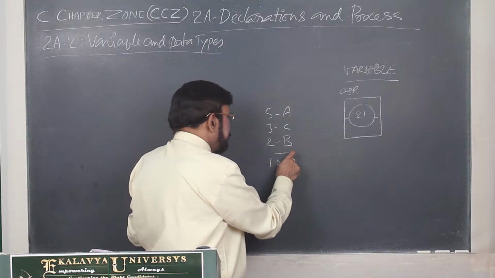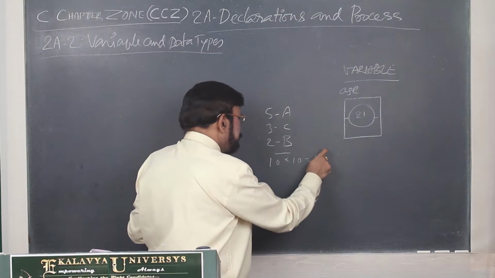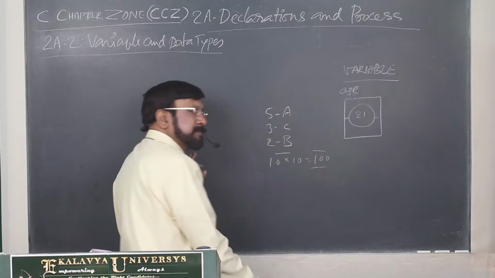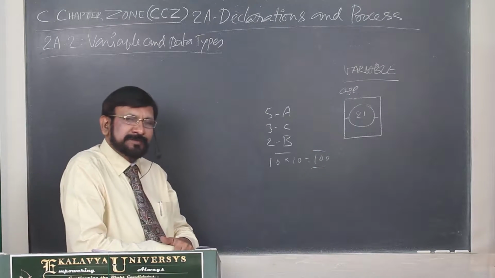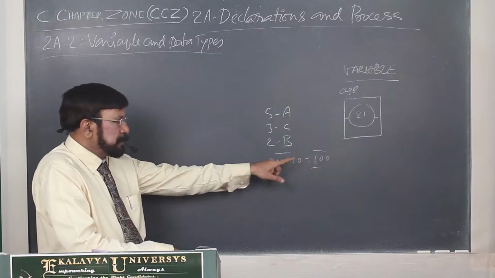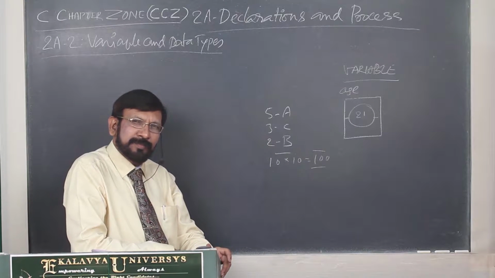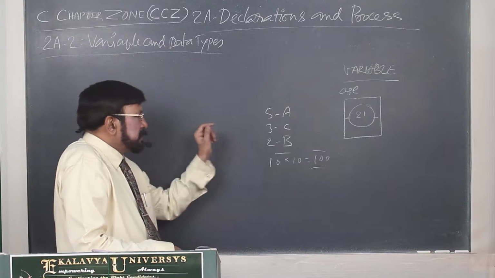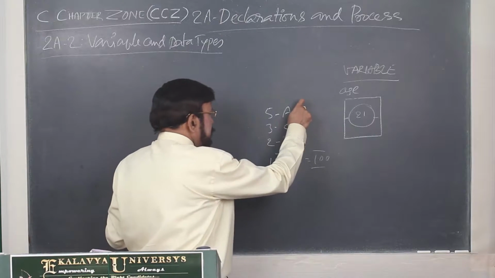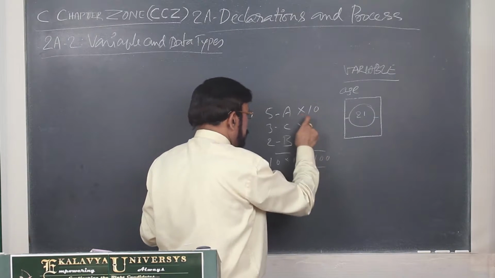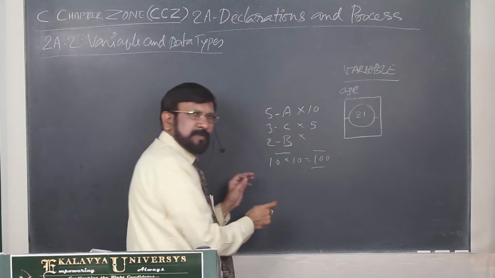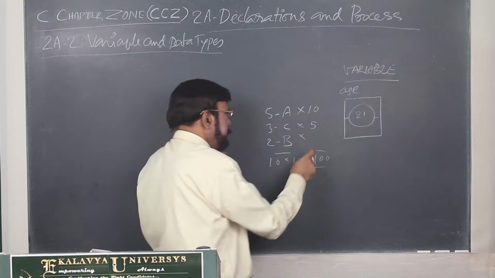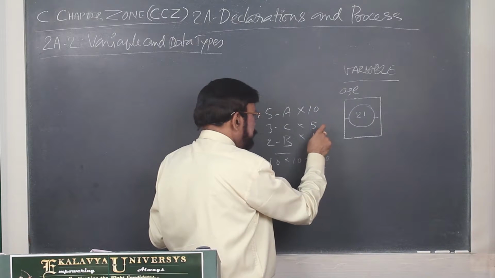Now, 10 guests you invited for dinner. So simply 10 into 10, 100 units of food you could prepare. But because of this classification, you never prepare 100 units of food. Suppose an adult consumes 10 units of food, a child may consume 5 units, and a baby may consume 1 unit.